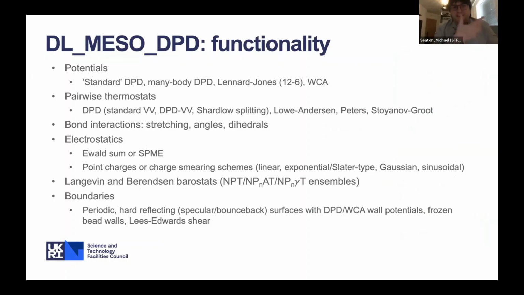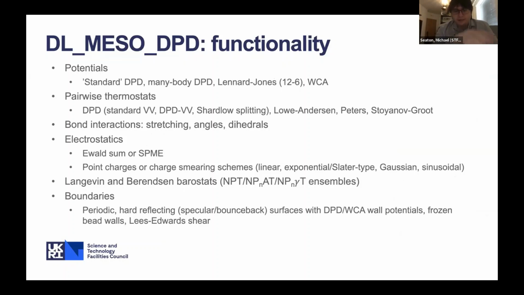So the various functionalities that exist in DL-Meso DPD include various types of interaction potential, various kinds of pairwise thermostats, various kinds of bonding interaction, and a couple of techniques for applying electrostatics, which are based on Ewald summation.